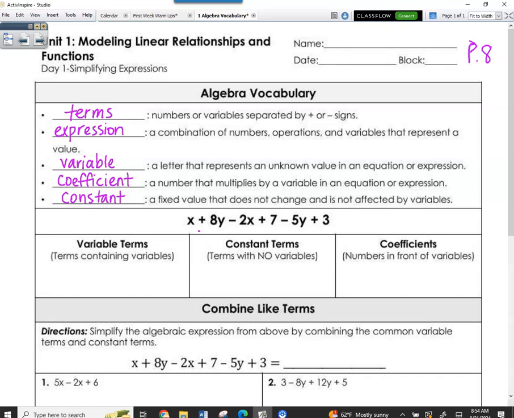All right, let's practice. Right here, I want you to tell me what are the variable terms. Like, what are the terms that have variables, just separated by commas? Here, tell me the terms that are constants, which means they have no variable. And then here, what are the coefficients that are in front of the variables. So everybody try.